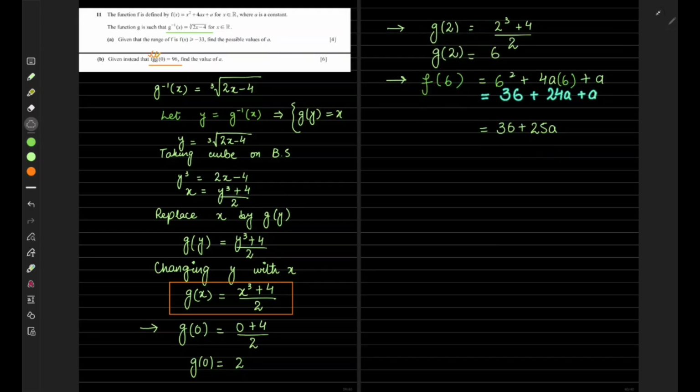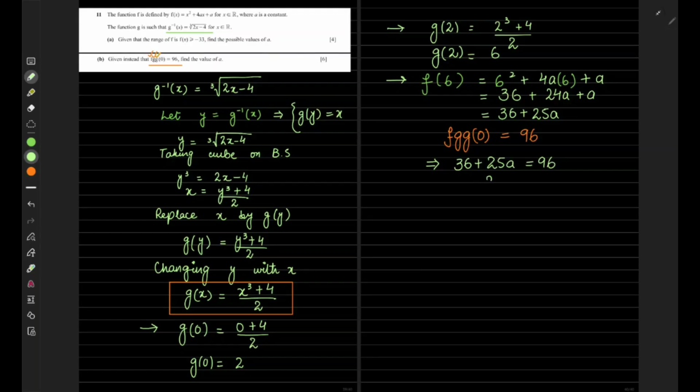I'm just making some space for the next calculation. I have done everything very far away from each other. Now we have to say that f of g of 0 is 96. That means 36 plus 25a equals 96.